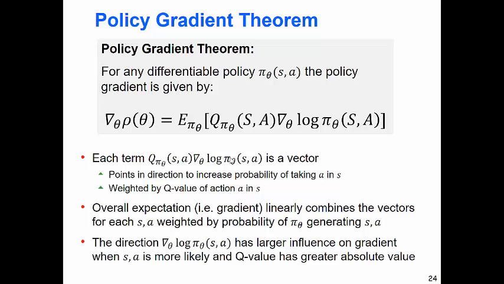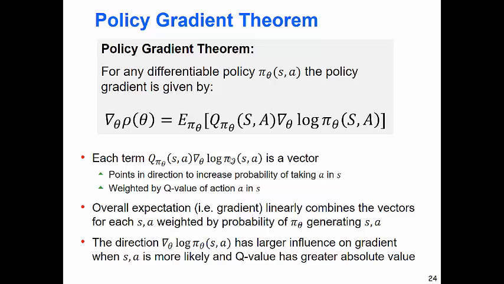So there's a lot of words that can explain this at home if you didn't quite get that, but ultimately that's all that's being done here. What directions improve the probability of certain actions, and we're going to weight those directions by how good we think they are based on the Q function, and the linear combination of those is where we're going to move our parameters next. All right. So any questions about that you could formulate?